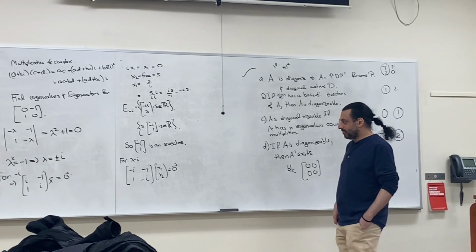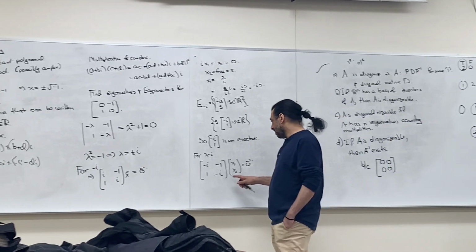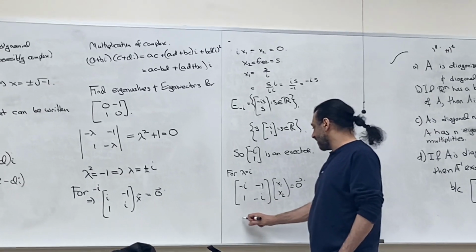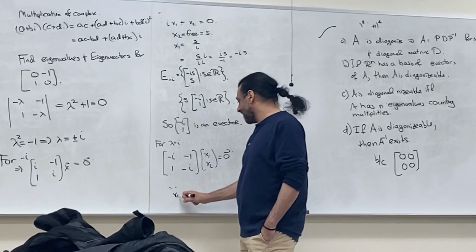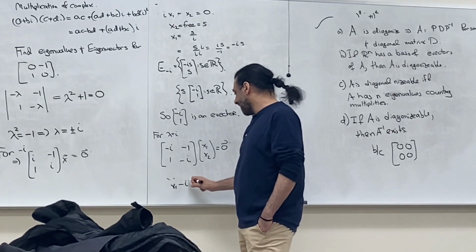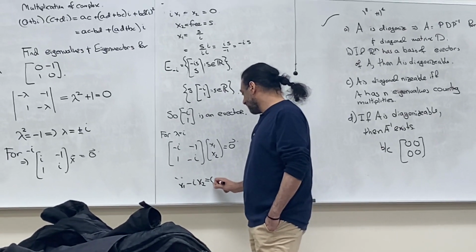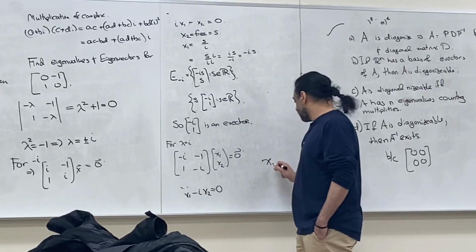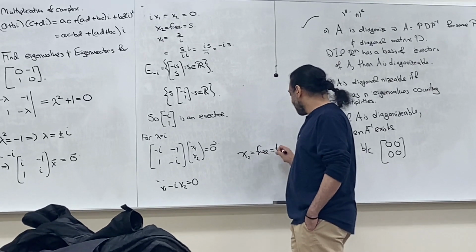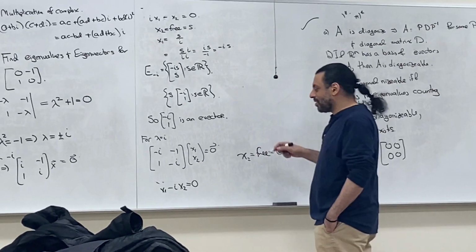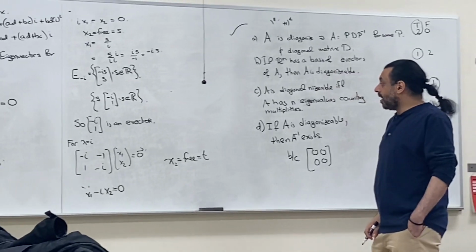So now what? Since that's the case, I can just look at one equation. Maybe the second equation is easier: x1 minus i x2 is equal to 0. Again, x2 is free. Maybe we'll call it t, so as not to confuse it with the other.